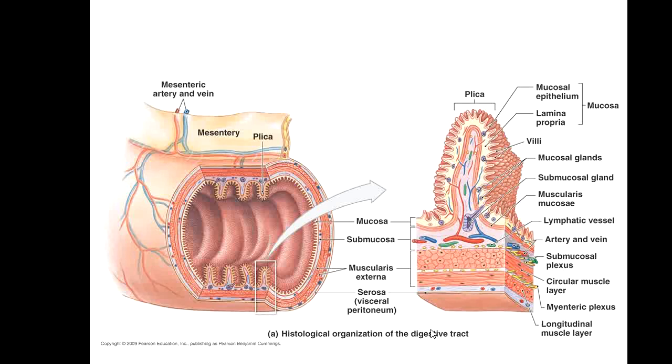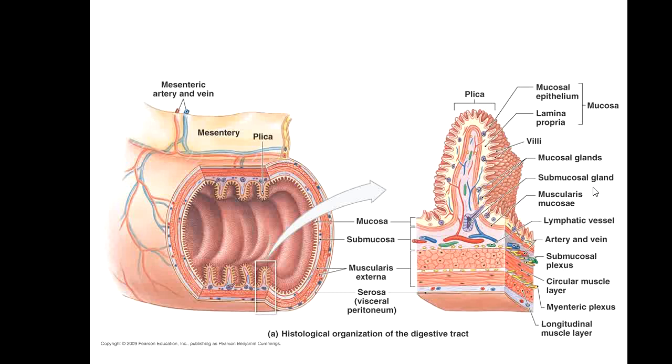The small intestine and large intestine have about the same internal structure. They also have serosa, then the muscularis, then the submucosa and mucosa. They also have mucous glands and all other things which are present in the small and large intestine.